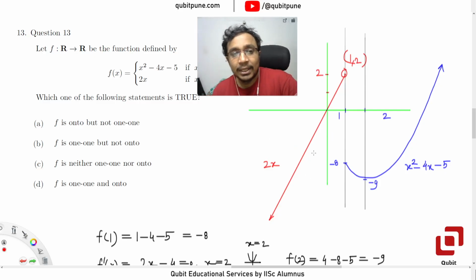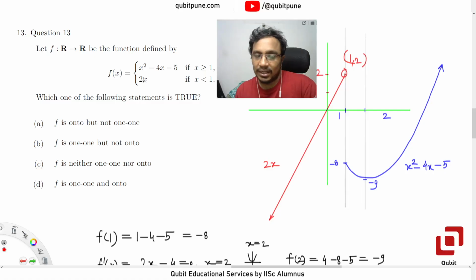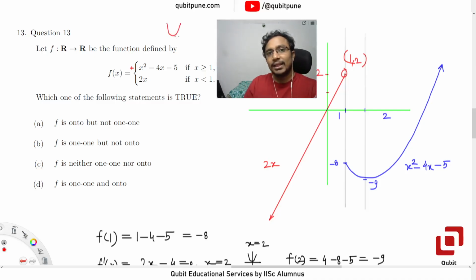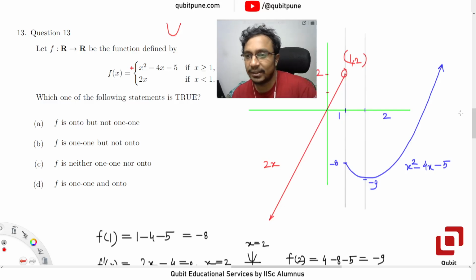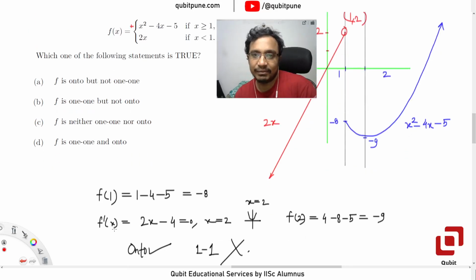Okay, तो now let's go to this quadratic x² - 4x - 5. तो ये इधर ऐसे रहेगा या ऐसे रहेगा, but because the coefficient of x² is positive, we know that the graph is going to be like this. Then the second job was to find where exactly is the minimum of that function located. So I did that. I found the derivative of f, x² - 4x - 5, which is 2x - 4.